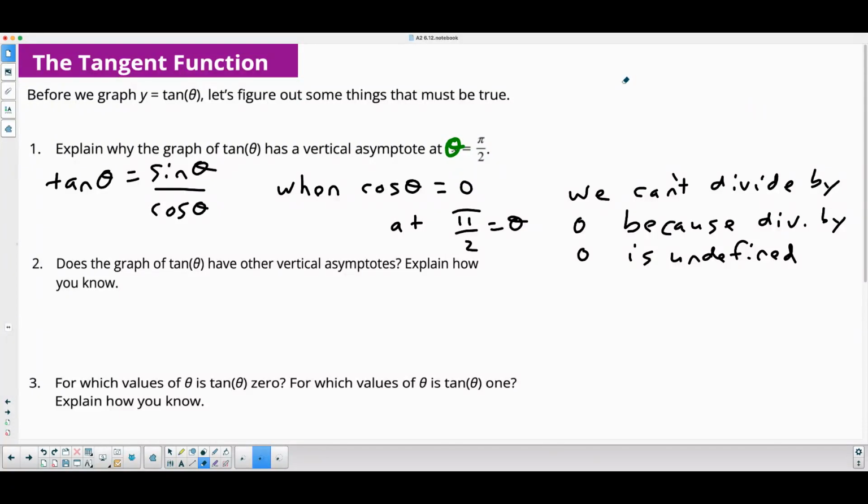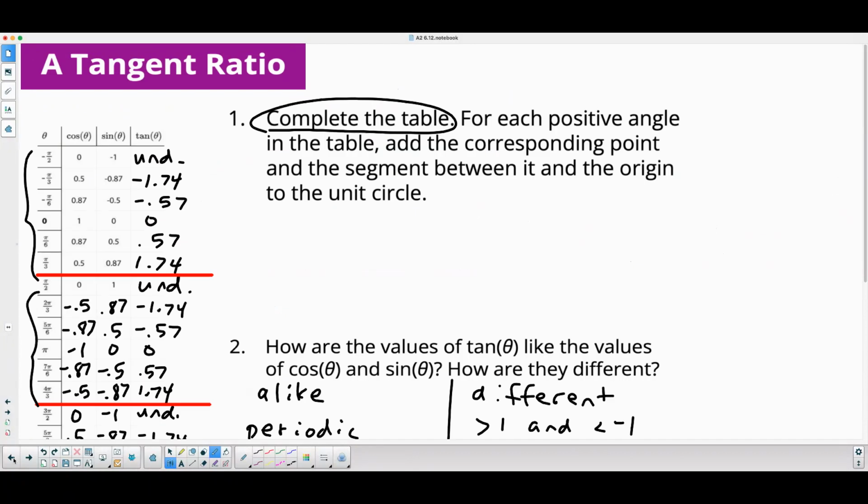Does the graph of tangent theta have other vertical asymptotes? Well, if I go back to my table here, what I notice is at pi over 2, negative pi over 2, 3 pi over 2, these are equally spaced by pi radians. If I add 1 pi to pi over 2, I'm going to get 3 pi over 2. And if I subtract 1 pi from pi over 2, I'm going to get negative pi over 2.